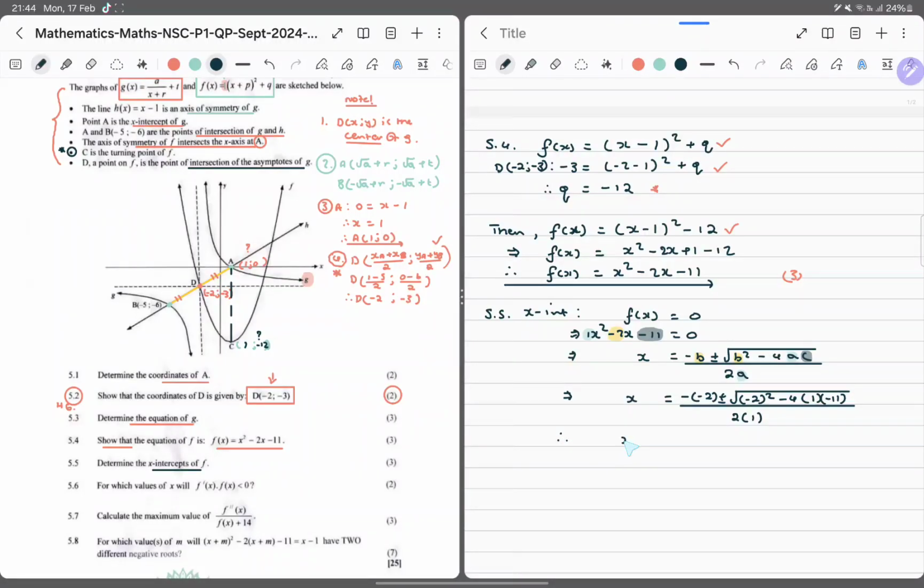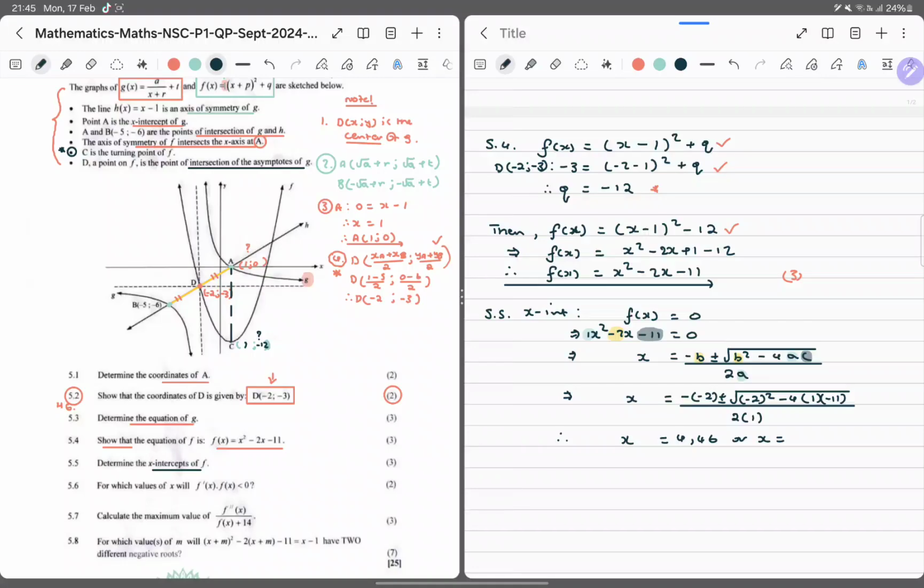Therefore, x is going to be equal to, now let's put it on the calculator, minus into minus 2 plus the square root of minus 2 all squared minus 4 into 1 into minus 11, divided by 2. So this to 2 decimal places is going to be 4,46, or x is equal to, let's check the other one.